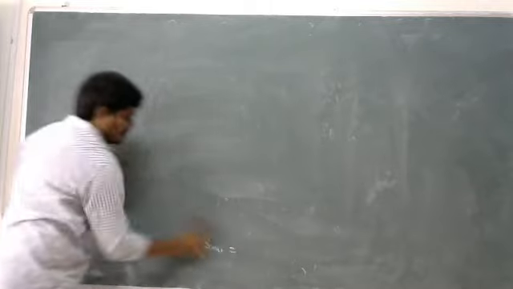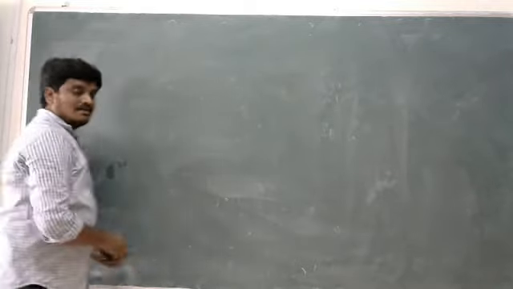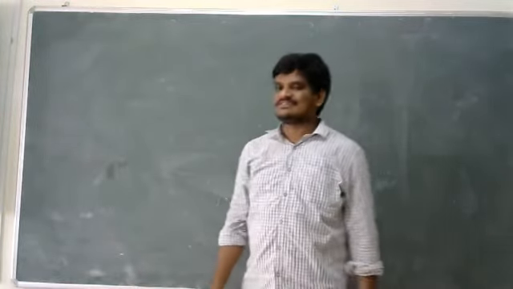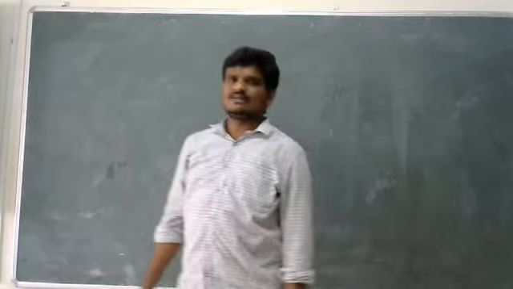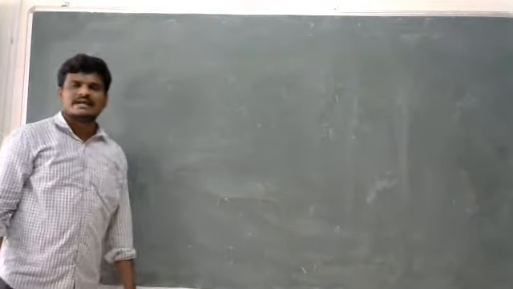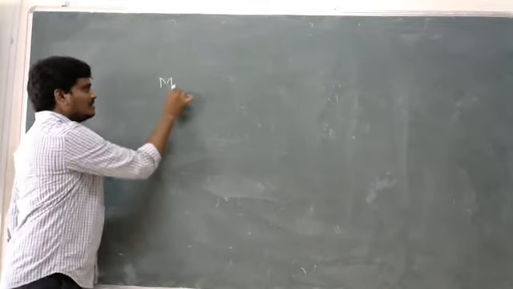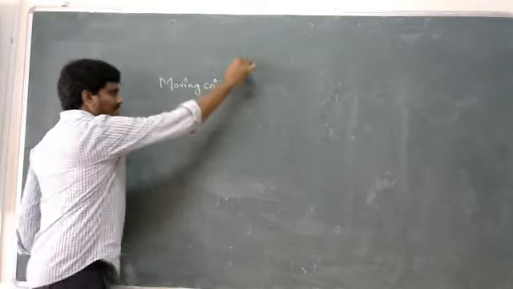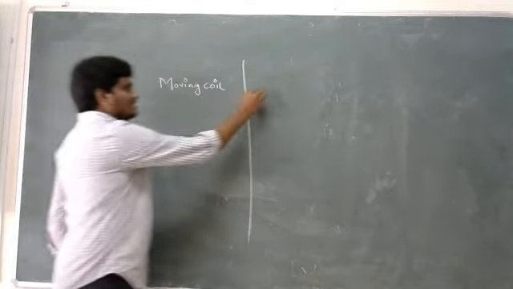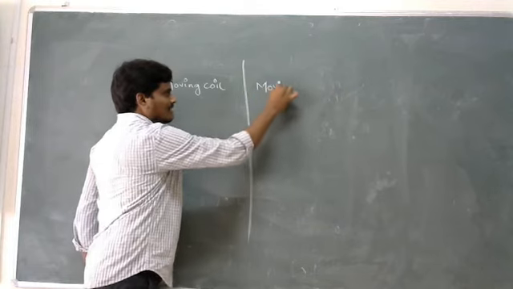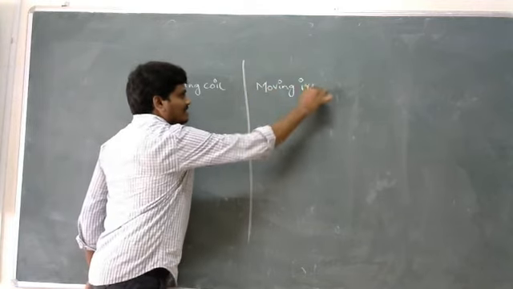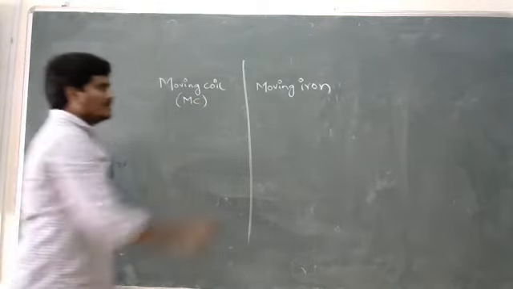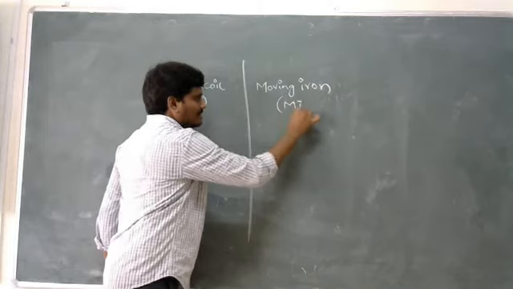In general, we have two types of instruments: the first one is MC instruments and the second one is MI instruments, where MC stands for moving coil instruments, and MI stands for moving iron instruments.